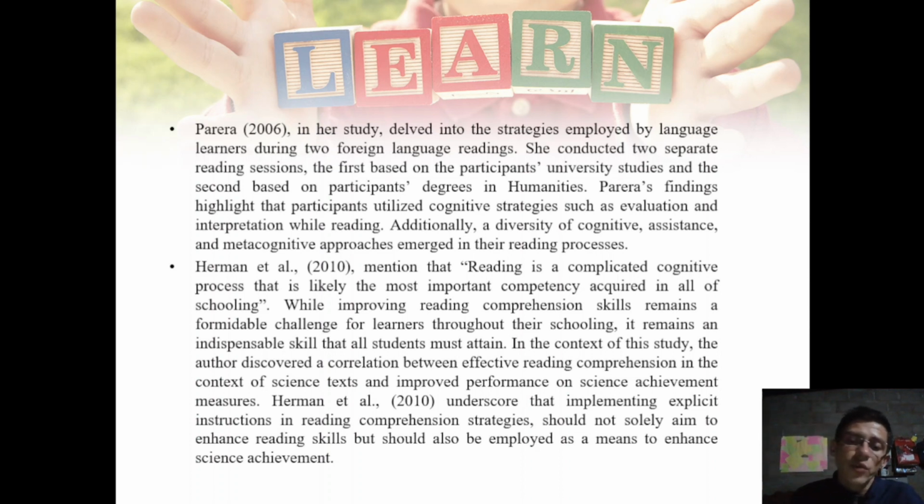Herman also underscored that implementing explicit instruction in reading comprehension strategies should not only aim to enhance reading skills, but should also be employed as a means to enhance science achievement.